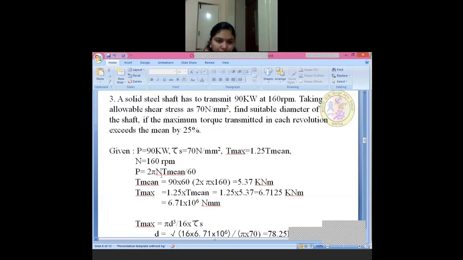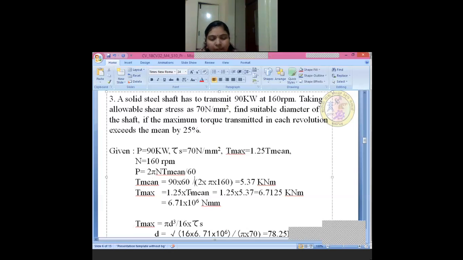I know P, I know N, everything is known. So T mean is just 90 into 60 divided by 2 pi into 160. That turns out to be 5.37 kilonewton meter.